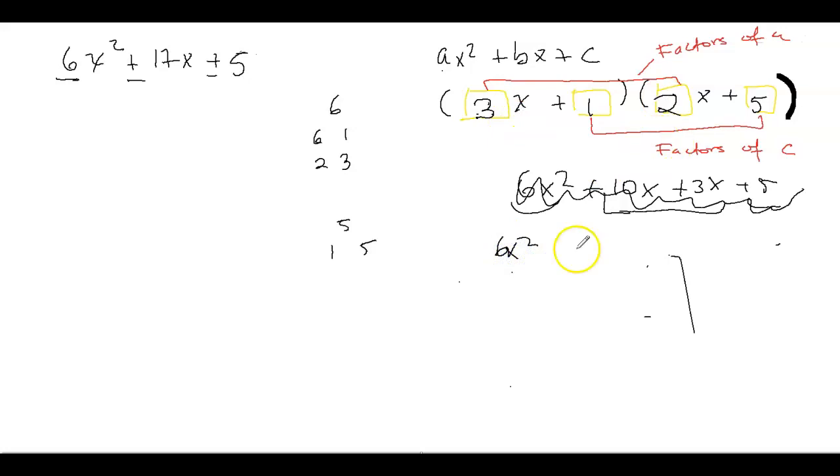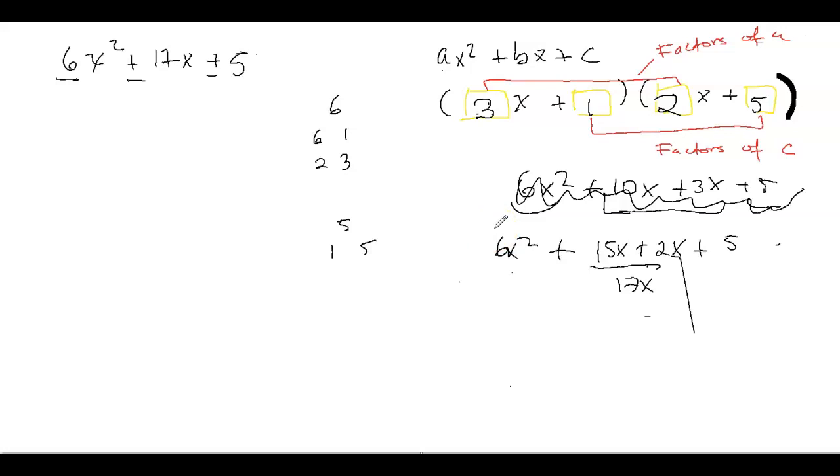But let's look at the middle term. 3x times 5 is 15x, and then 1 times 2x is 2x, so I know it's 17x. And 1 times 5 is 5. So we have found the factors. That's one way that you could do it.